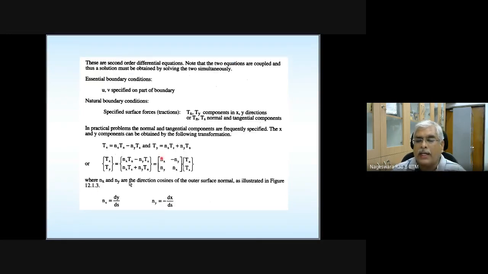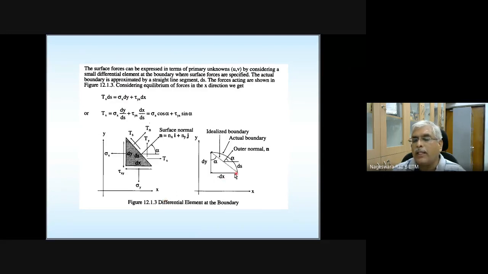They are given here. nx is dy over ds, ny is minus dx over ds. Why this minus? You can see here, we are going in the negative x direction. So how do you get dx, dy? Let's say this is a part of an element, this is the actual boundary, and this is the idealized boundary. I know this idealized boundary is a straight line, and I know the starting node and the ending node.